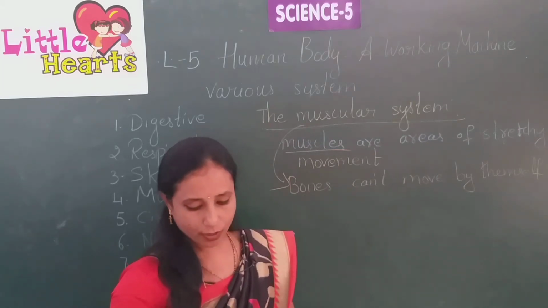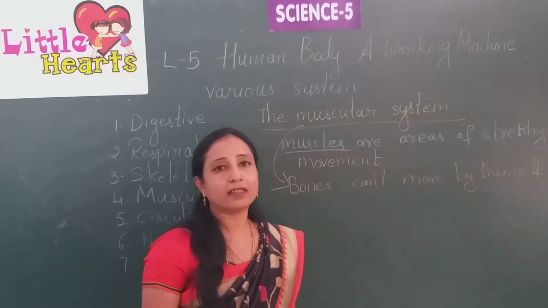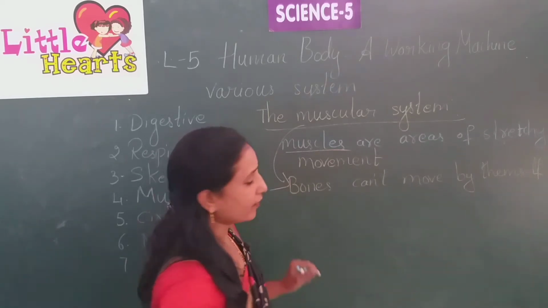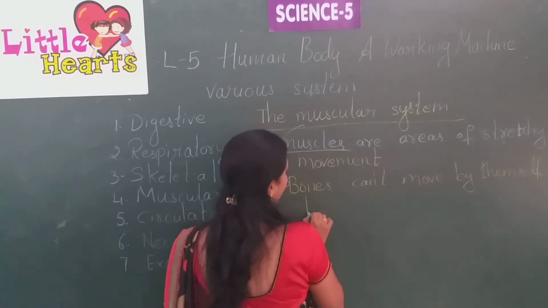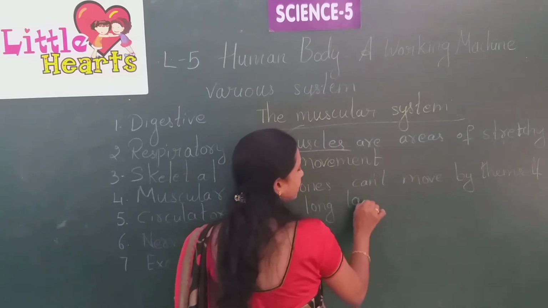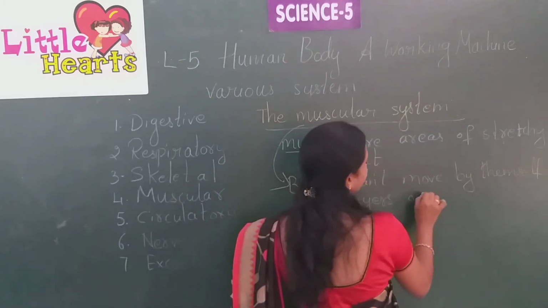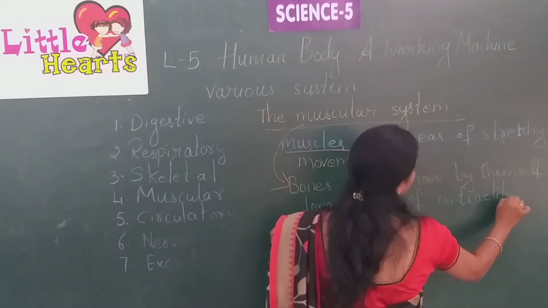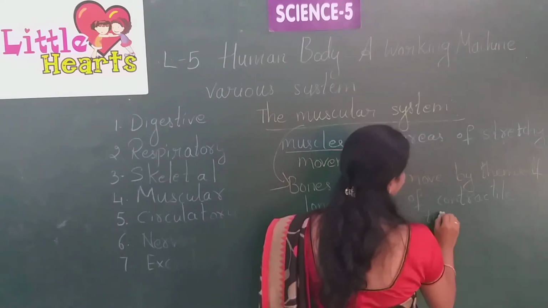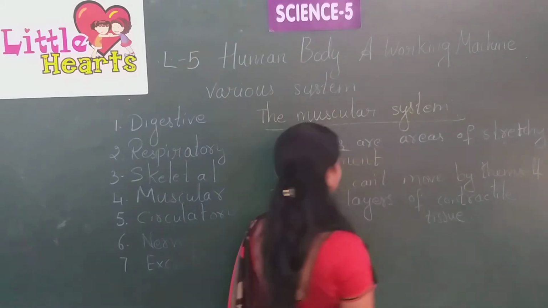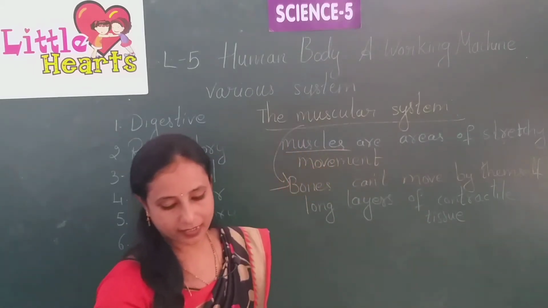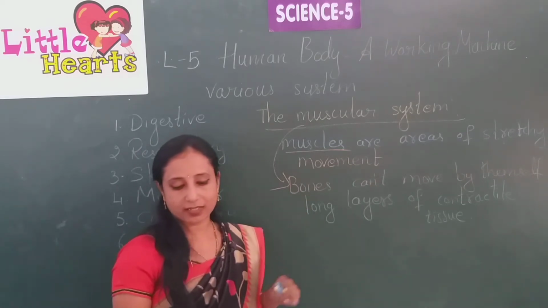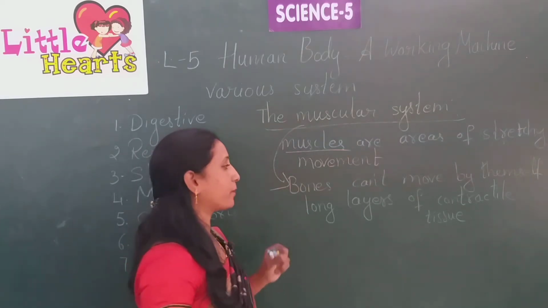Most of the muscles are long layers of contractile tissue. Here, the contractions and the relaxations of the muscles make movements possible.